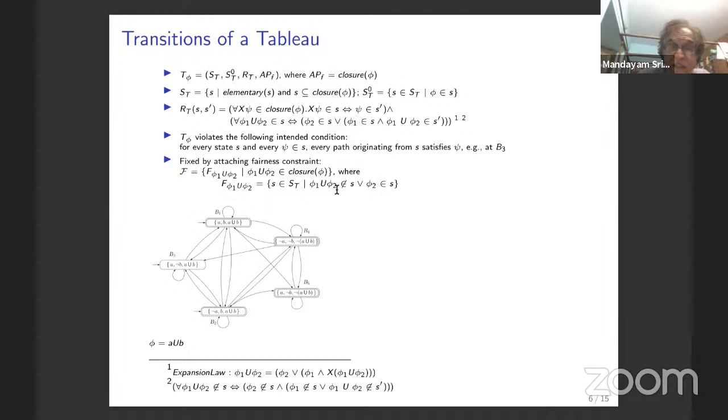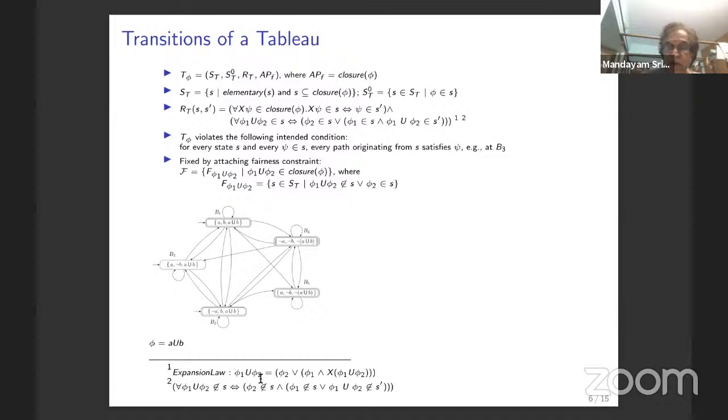So by including this not phi, you might be worried, and maybe that's why you are asking the question: can I not just end up going to B4 or B5 directly from B3 and then staying there forever? That would violate the semantics of U, and that's why there's no direct transition from B3 to B4 or B5, because that is not allowed by the expansion law.